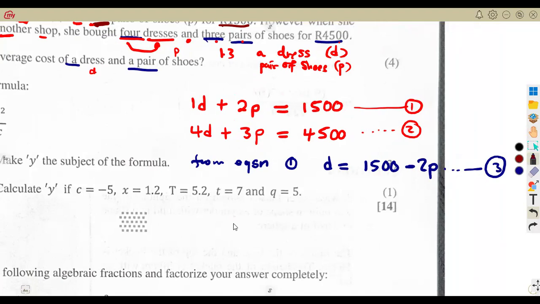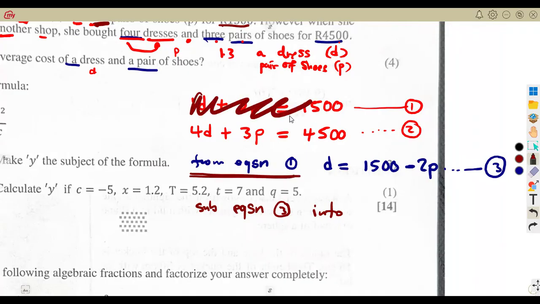With equation 3, I'm going to substitute it into equation 2. Take note, we made D the subject from equation 1. So you substitute in the other equation, not the one that you made the subject from. So we are going to substitute equation 3 into equation 2.